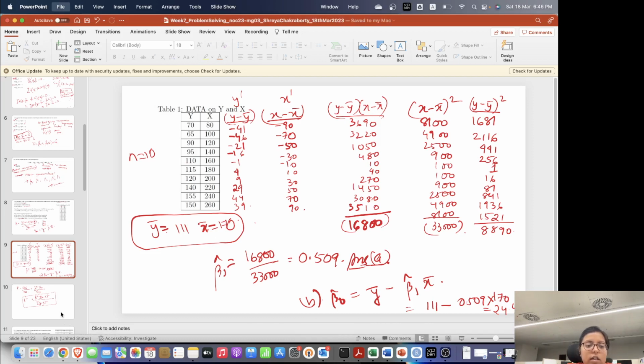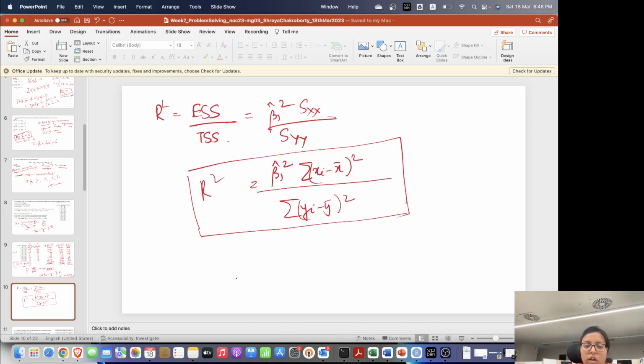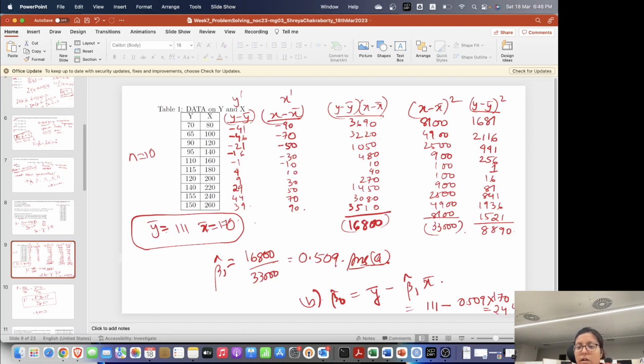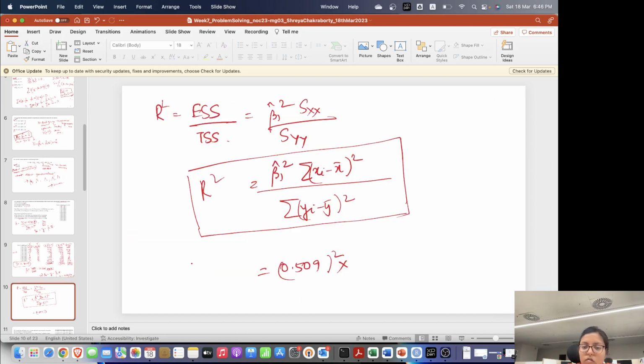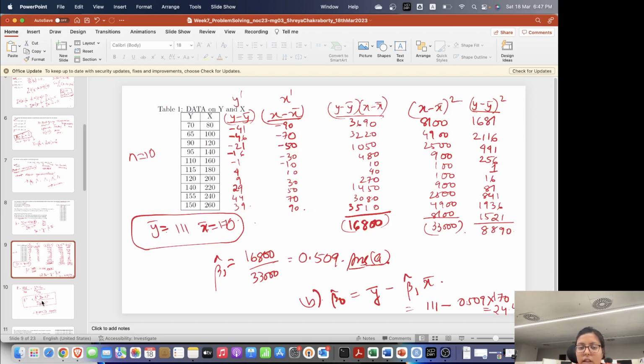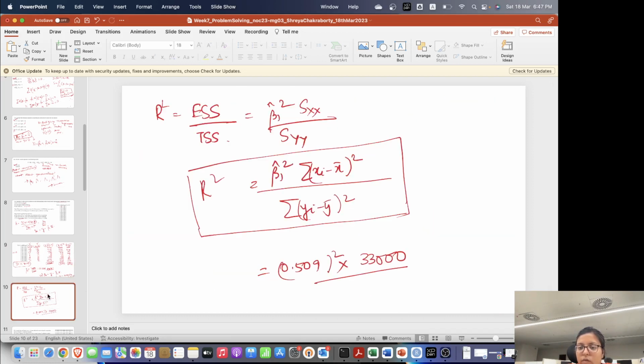Alright, then we'll just plug in the values over here. So here what we have, 0.509 whole square into summation xi minus x bar square was 33000. So this is 33000 divided by yi minus y bar whole square, that is 8890. So this would come around to 0.961.